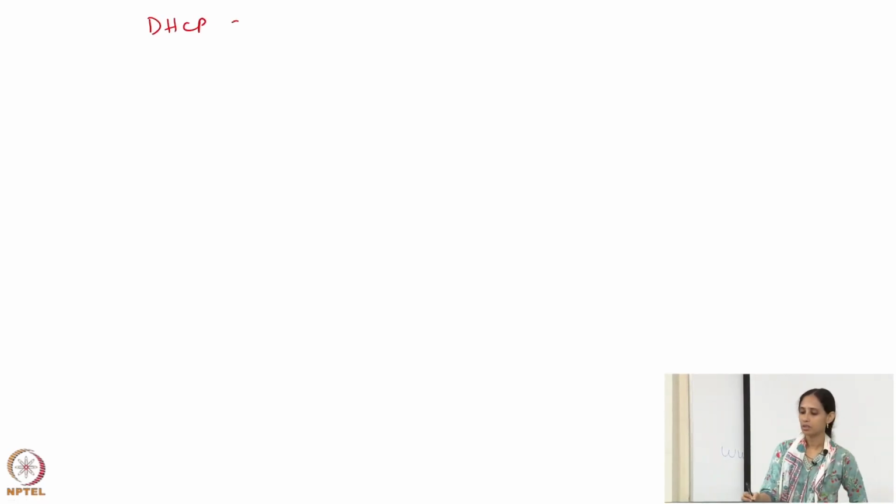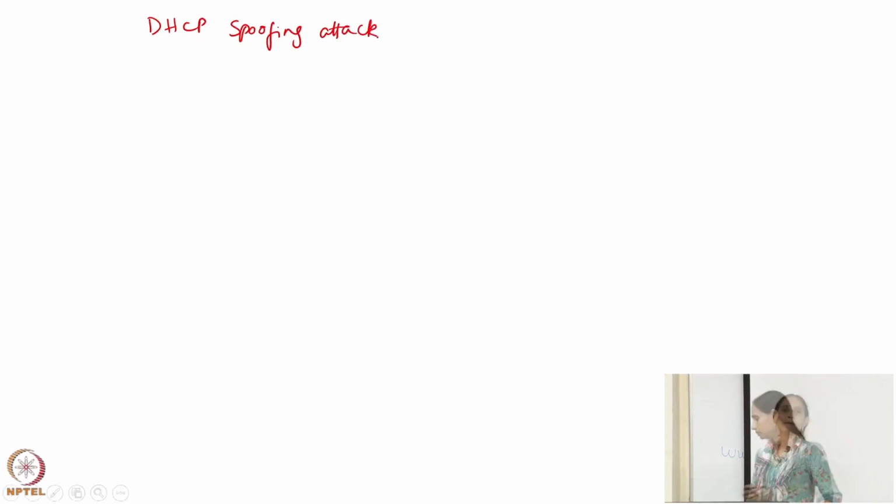Now let us look at the other attack, which is the DHCP spoofing attack. This is something which we were talking about earlier, that when the DHCP offer comes, you don't know who is sending this. It could be Mallory, right?